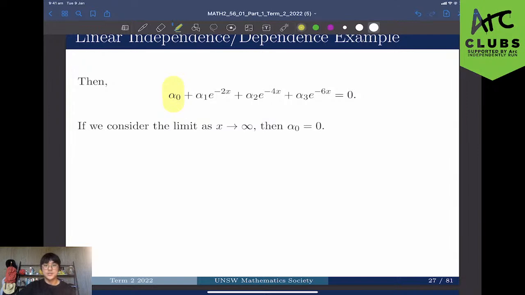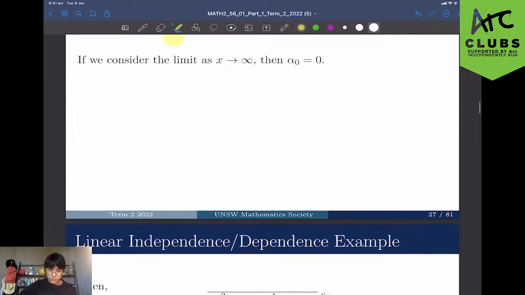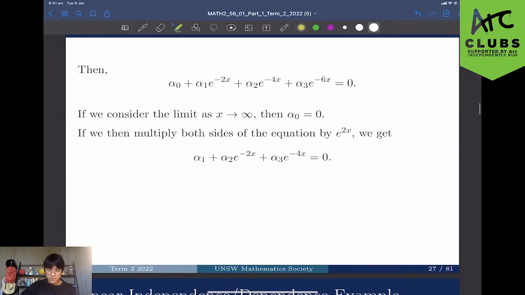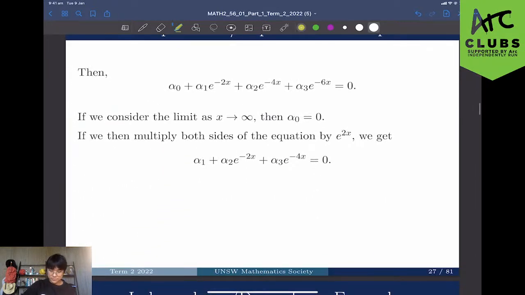So we want to isolate the value of alpha 1. So if we multiply this equation by e to the power of 2x, we get this equation. Since alpha 1 is no longer going to disappear as x goes to infinity, we multiply the equation by e to the power of 2x.